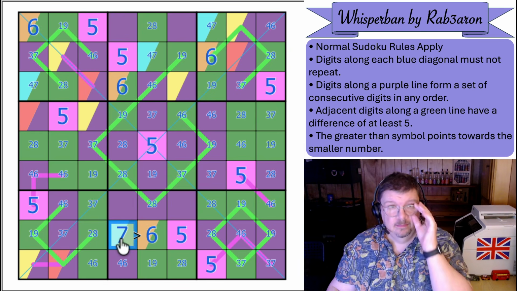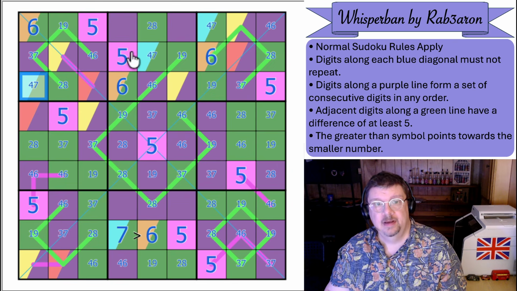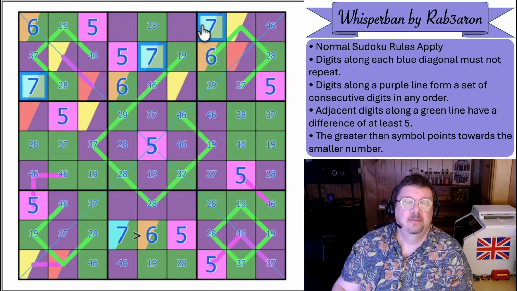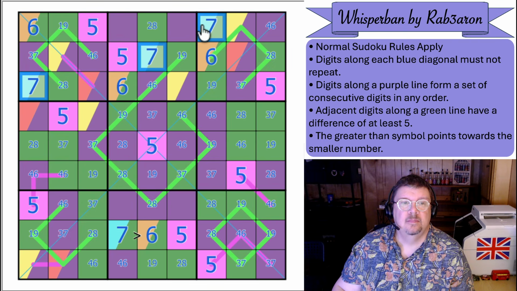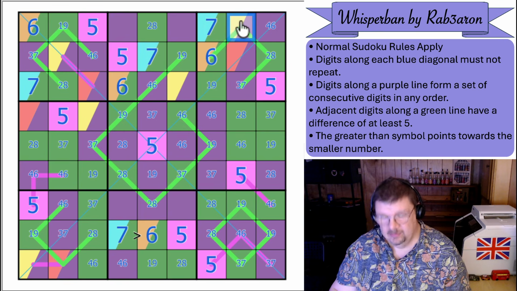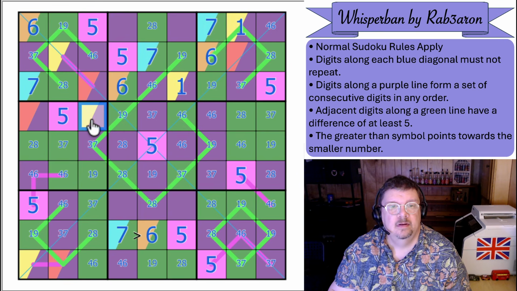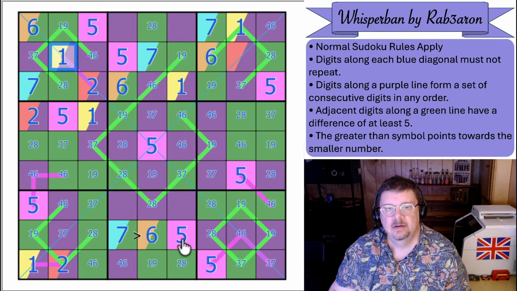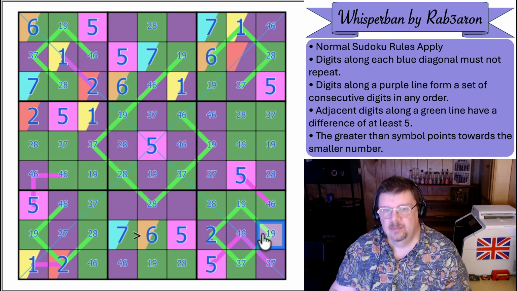Okay, so that's 7. So green is high. And purple is low. So we can start doing some things now. That's 1, that's 1, that's 1, that's 1, that's 2, 2 and 2 and 1, 2, 1.